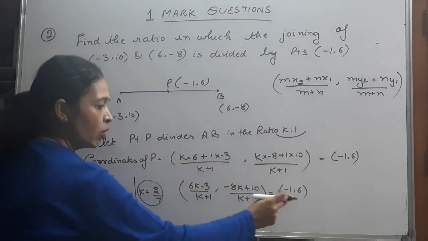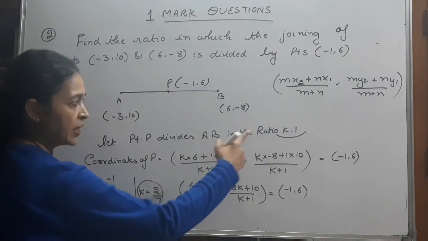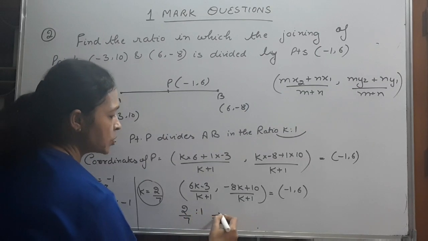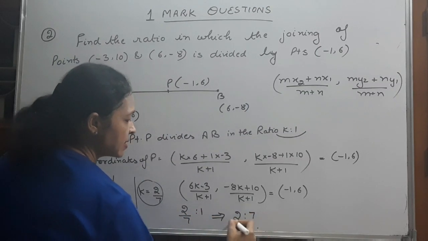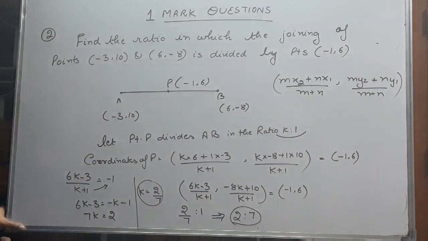If you equate the y coordinate, you will get the same answer. Now, what will be our ratio? Our ratio was k ratio 1, that is 2 by 7 ratio 1. This shows 2 ratio 7 is our answer. The point P is dividing the line segment AB in the ratio 2 ratio 7.